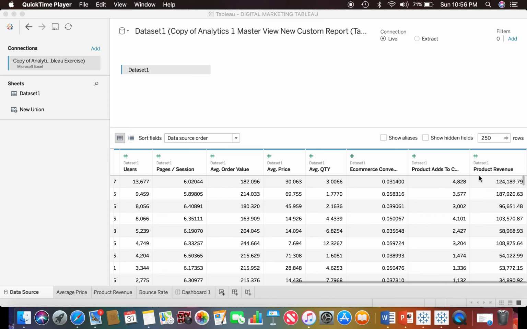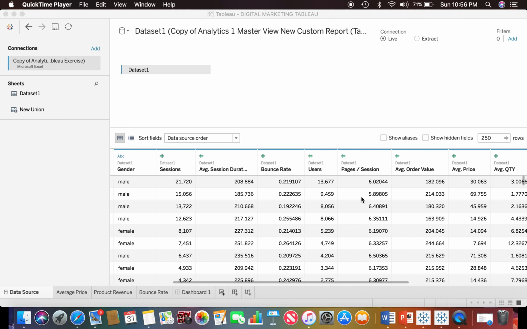For example, we have the product revenue, the average price being spent, the average order value, the amount of pages normally viewed on the merchandise store, as well as the bounce rate. In the next few sheets, we're going to see how all that information combines with one another.